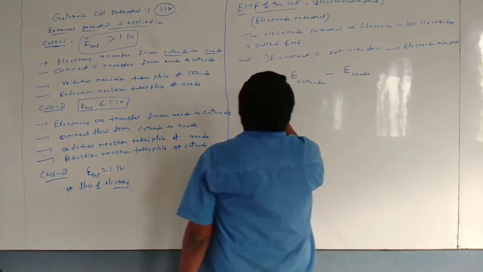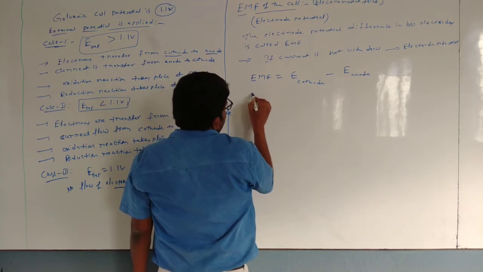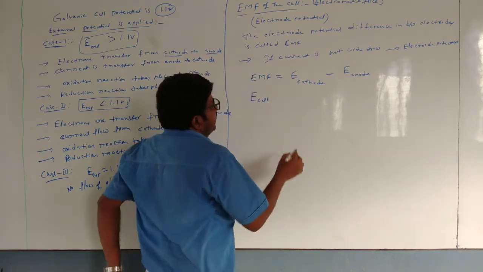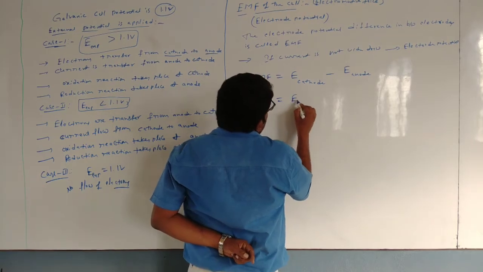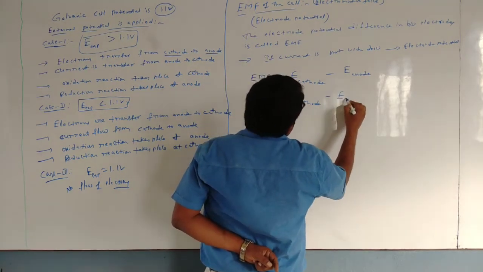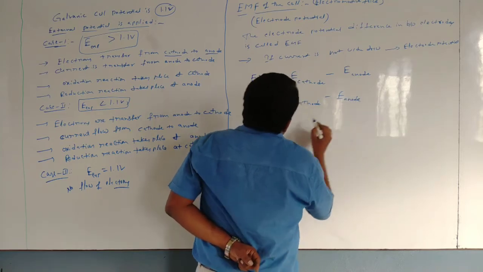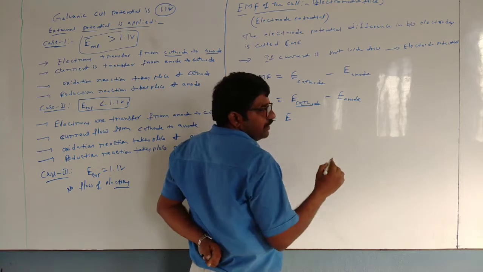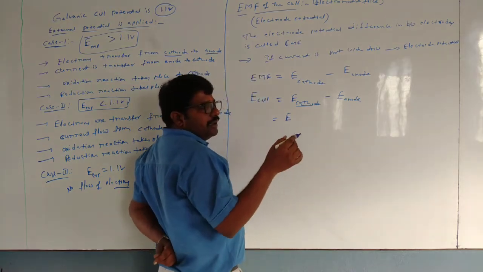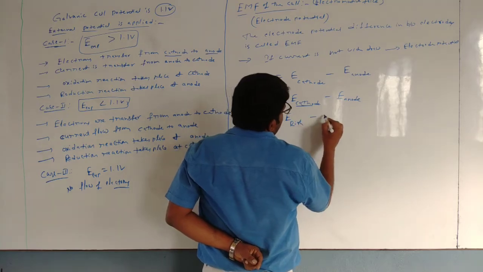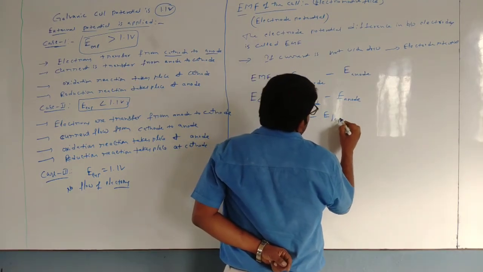Generally, EMF is nothing but electrode potential. That is called E cell. E cell is equal to E cathode minus E anode. Cathode is always the right hand side, so E right minus E left.